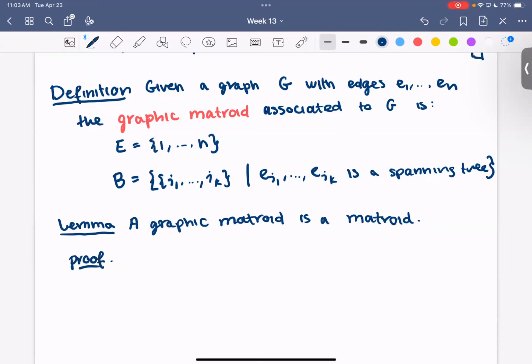And I'm going to give you a few minutes to think about how to prove this. So you need to show that a graphic matroid satisfies basis exchange. Given two spanning trees, why is it possible to remove one edge from one tree and replace it with an edge from the other tree and still get a spanning tree?